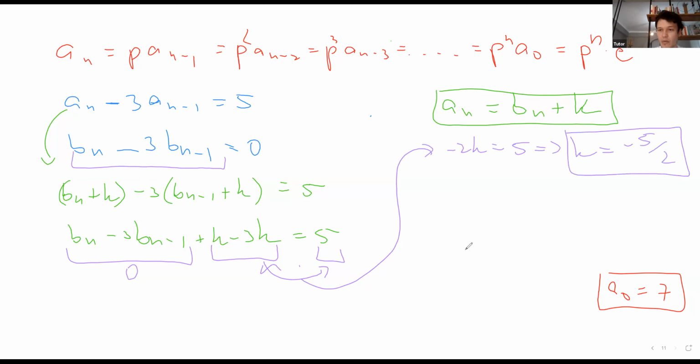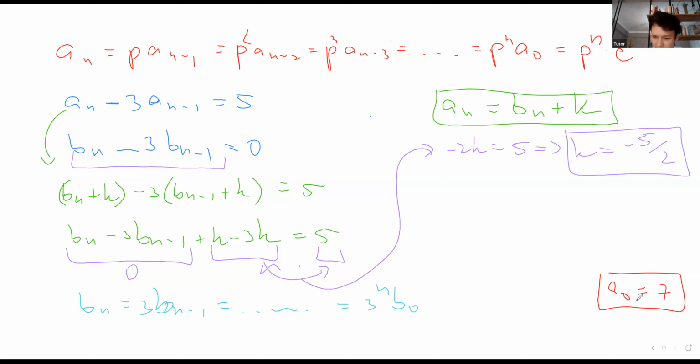If I use this transformation, the entire problem becomes bn is equal to 3 bn minus 1. This is nice, because from this I can keep going. This is just going to be 3 to the n times b0, right? And then let's say that I knew a0.